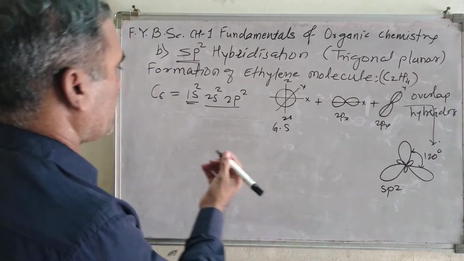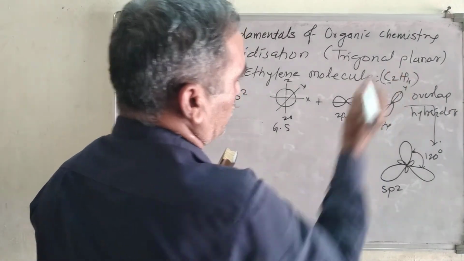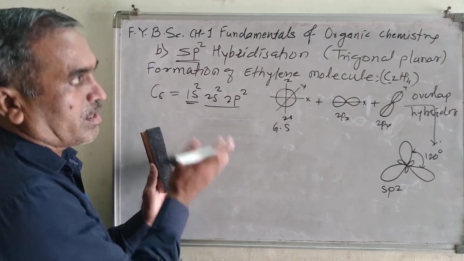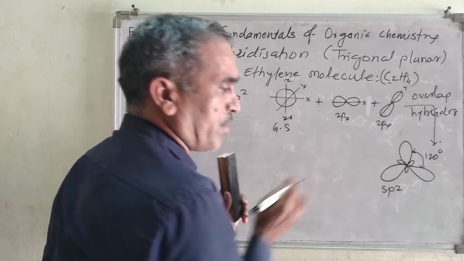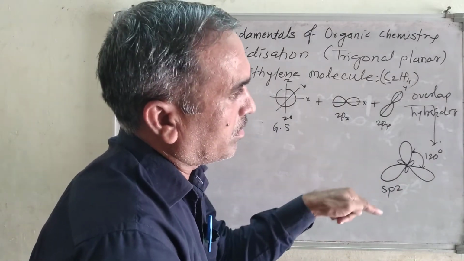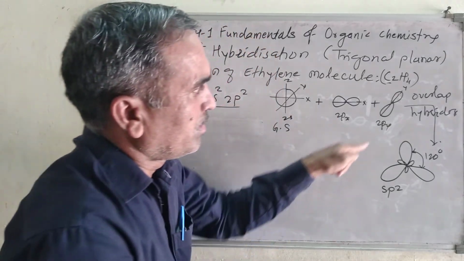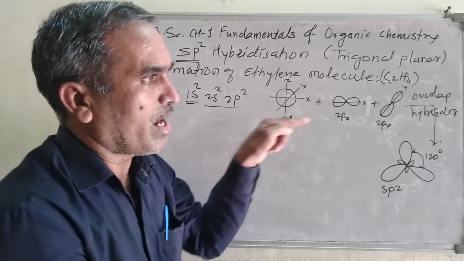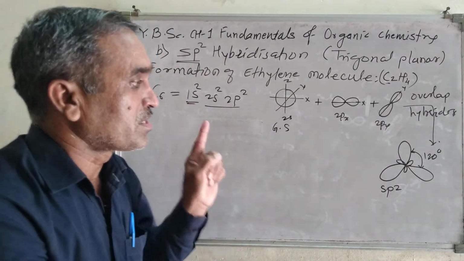Let us assume one carbon atom, here an ethene molecule, C2. An sp2 hybrid orbital of one carbon atom overlaps with the hybrid orbital of another carbon atom, overlapping coaxially to form the sigma bond.